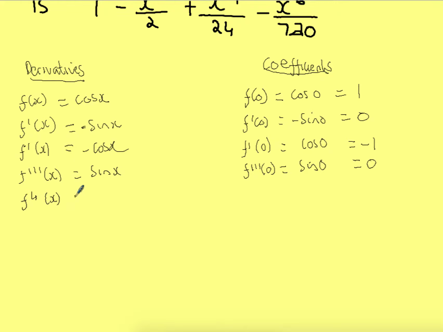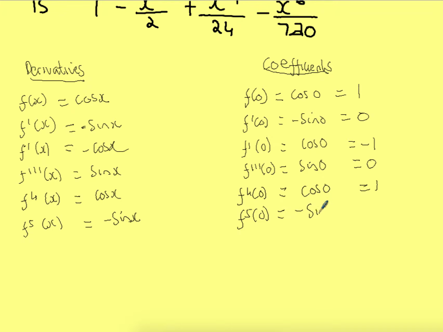Right, then the fourth derivative of x is cos x, which means the fourth derivative at 0 is cos 0, which is 1. Fifth derivative is negative sine x, which means that the fifth derivative at 0 is negative sine 0, which is of course 0.